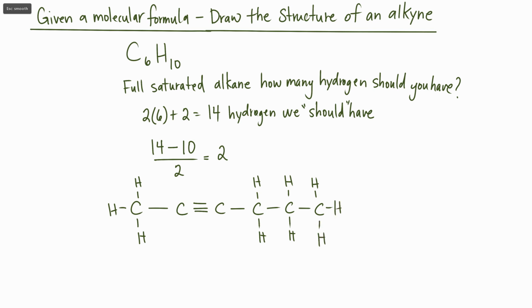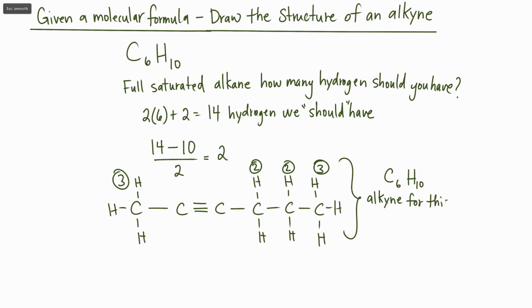Now, let's count how many hydrogens we have. We have 3 here. We have 2, 2, and 3. So that gives us 3, that's 5, 7, and 10. That gives us the correct number of hydrogens. So we know we have the H10 portion correct. And we have 1, 2, 3, 4, 5, 6 carbons. So we have C6H10. And this is our alkyne for this formula.